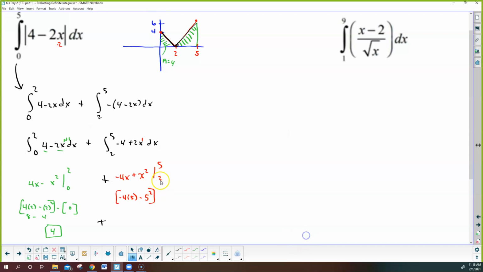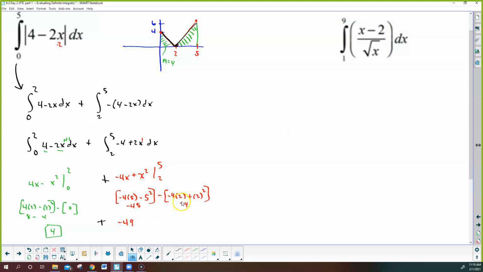Now notice on this one, I have to plug in 2, so I've got to subtract, plugging 2 into both x's. And then I can simplify this. We get negative 20 plus 25.